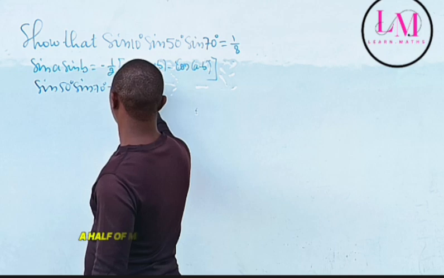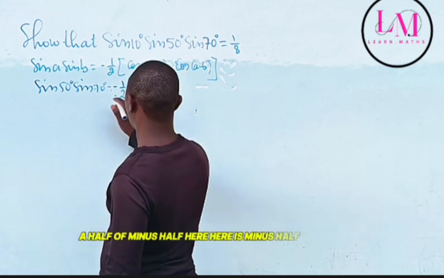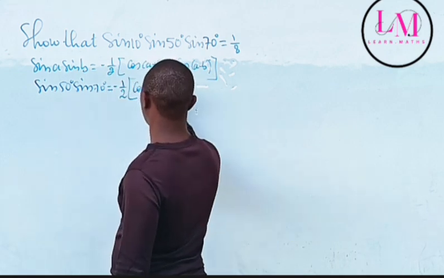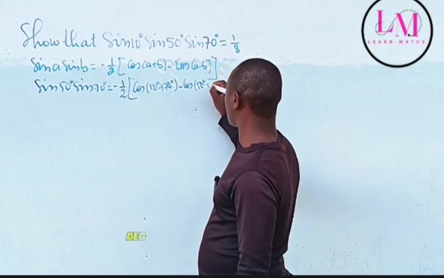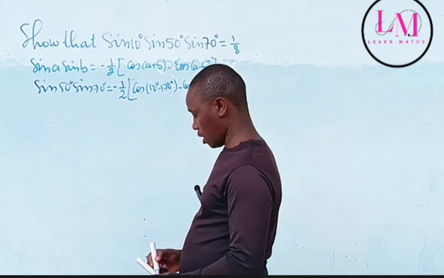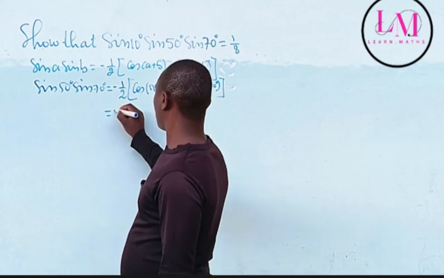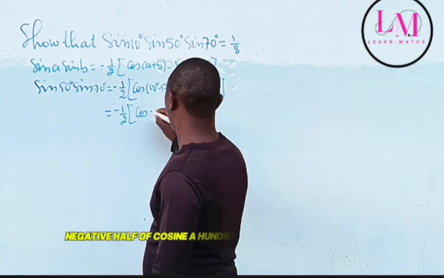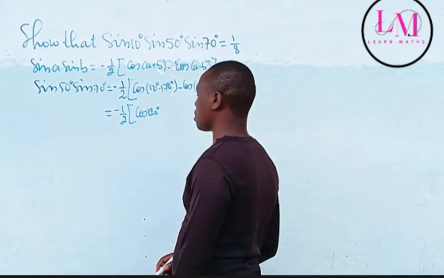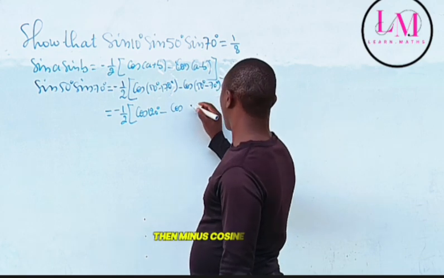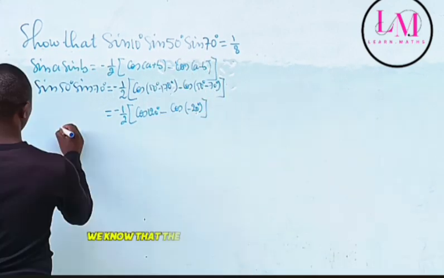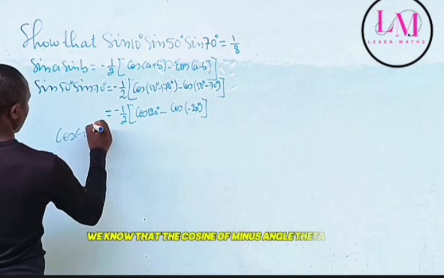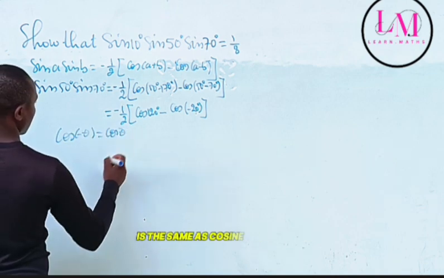This is minus half of cosine of 50 degrees plus 70 degrees minus cosine of 50 degrees minus 70 degrees, which is equal to negative half of cosine 120 degrees minus cosine of minus 20 degrees. We know that the cosine of minus theta is the same as cosine theta.